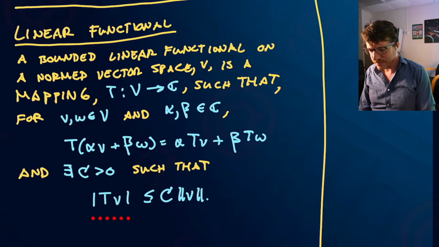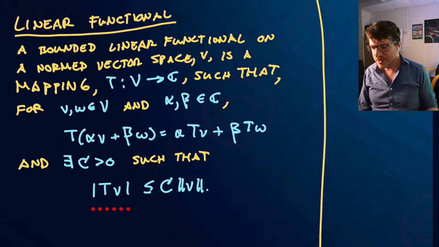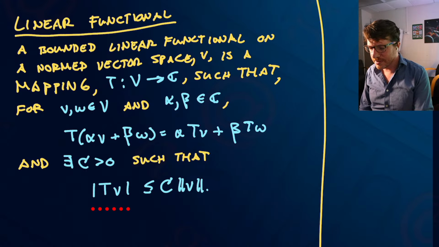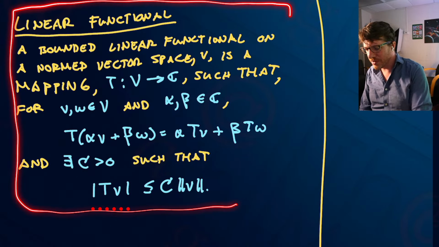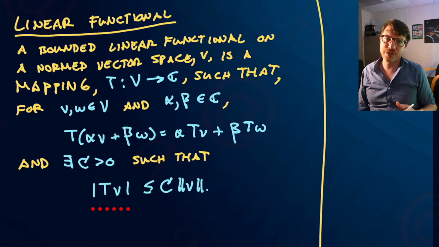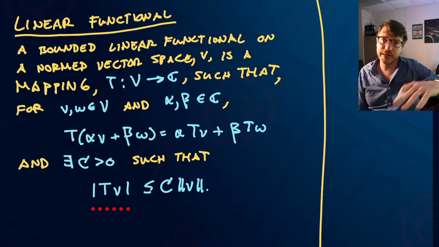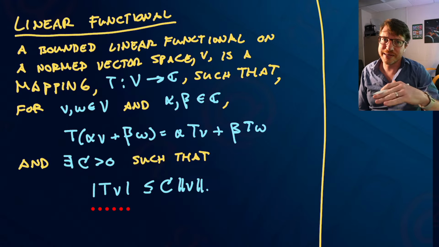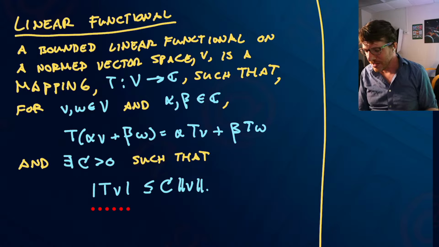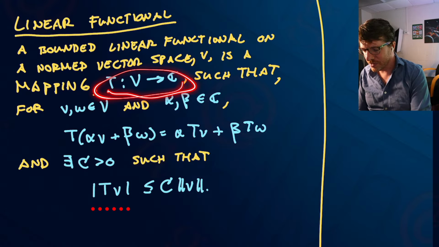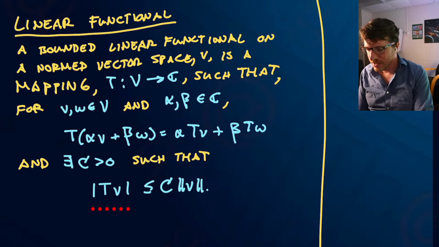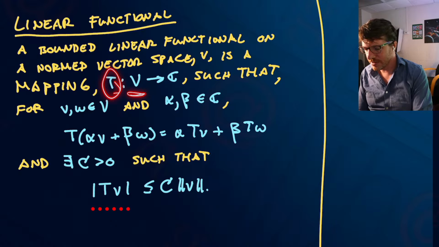And then as far as linear functionals go, this is our first sort of mini operator. You can think of linear functionals as our linear operators that map you from your vector space to a space of scalars, like the one-dimensional vector space R or C. In this case, we have our bounded linear functional on our normed vector space V. It's a mapping T that goes from V to C, and basically it's linear.